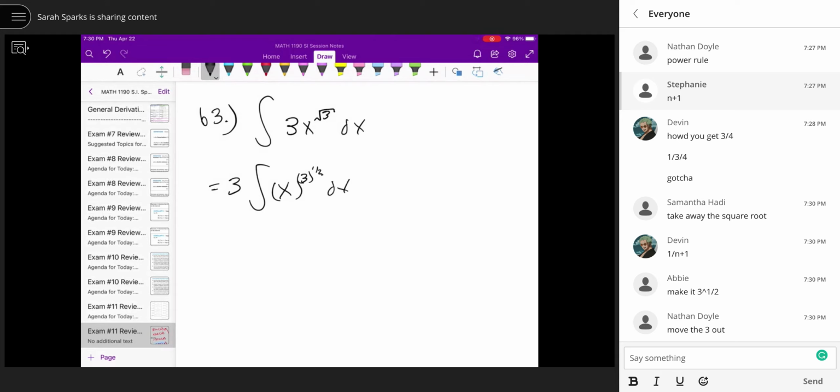Does that look any better? We are going to use our 1 over n plus 1 rule. Let's just see what happens, right? So if we add 1 to our exponent, right, what are we going to get?